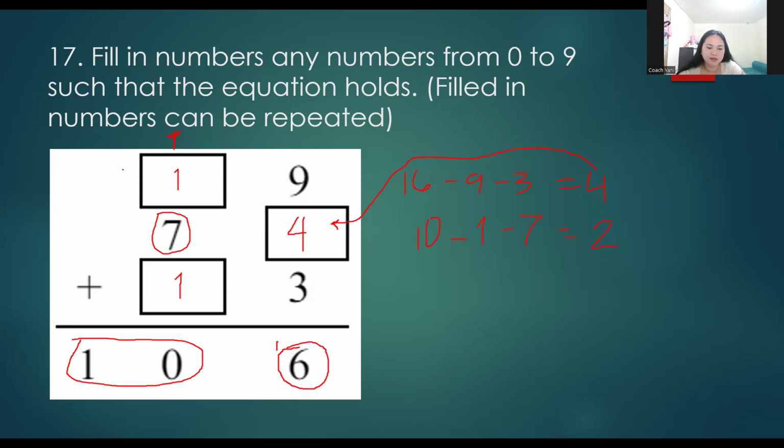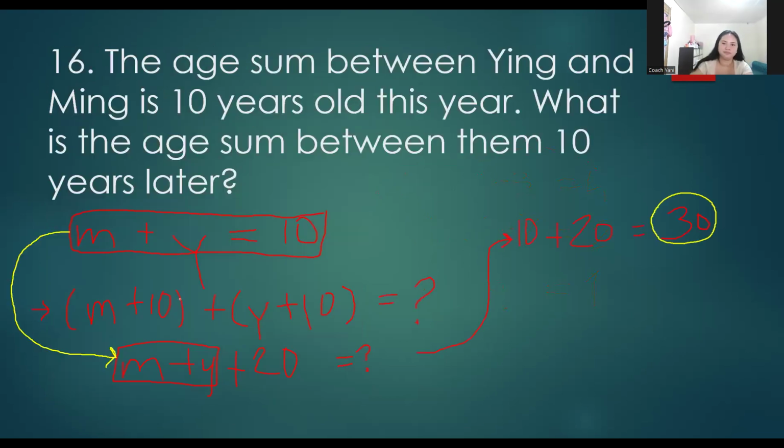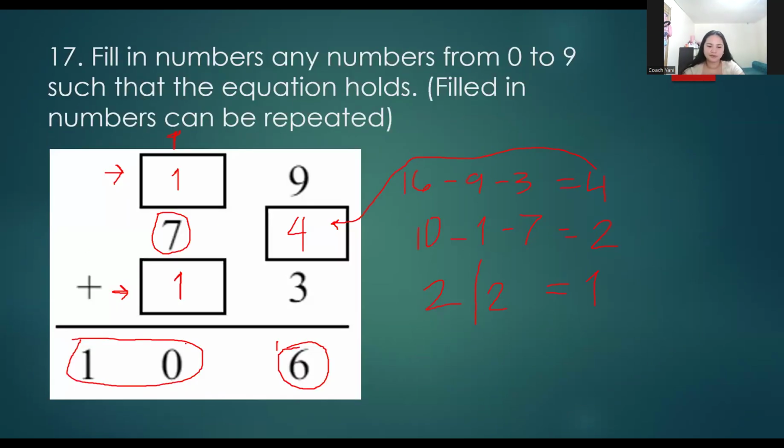You have 2 boxes here, so you just need to divide 2 by 2 boxes, and each box gets a 1. You have 1 here, and then you have 1 also here. And you can get the correct answer from that one.